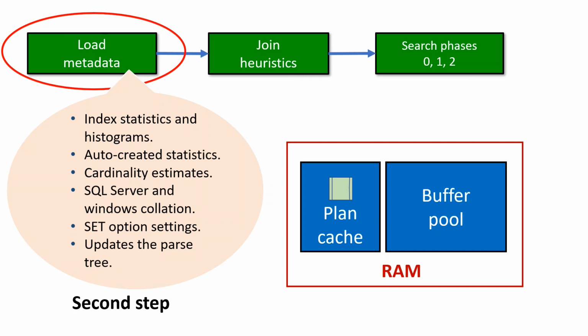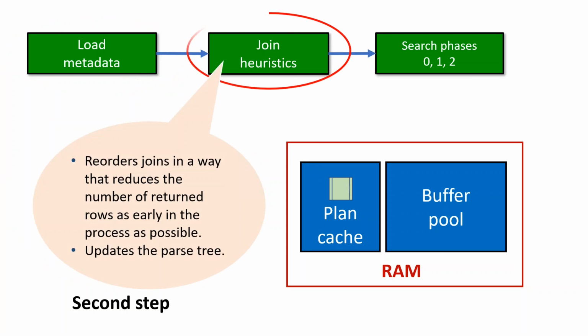With all this information, the parse tree inside the plan cache is once again updated, and then our query will be sent to the join heuristic component. In our previous slides, I discussed what the logical join order is, but let me explain again.